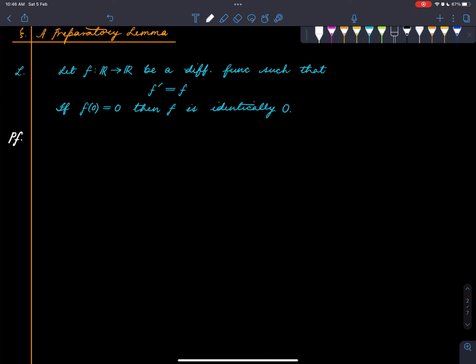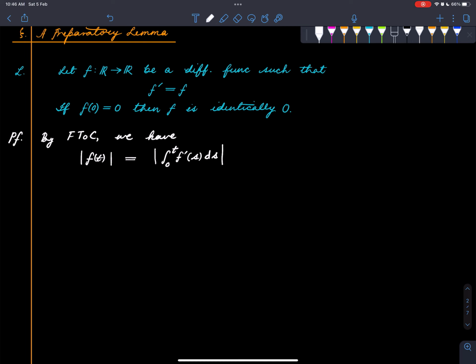By the fundamental theorem of calculus, we have the following, and I will use this notation where you introduce a dummy variable.